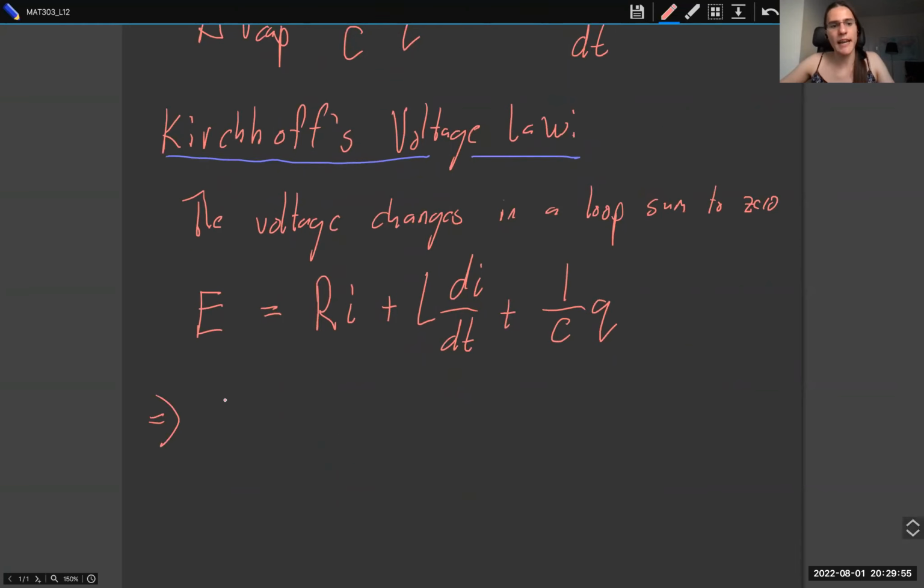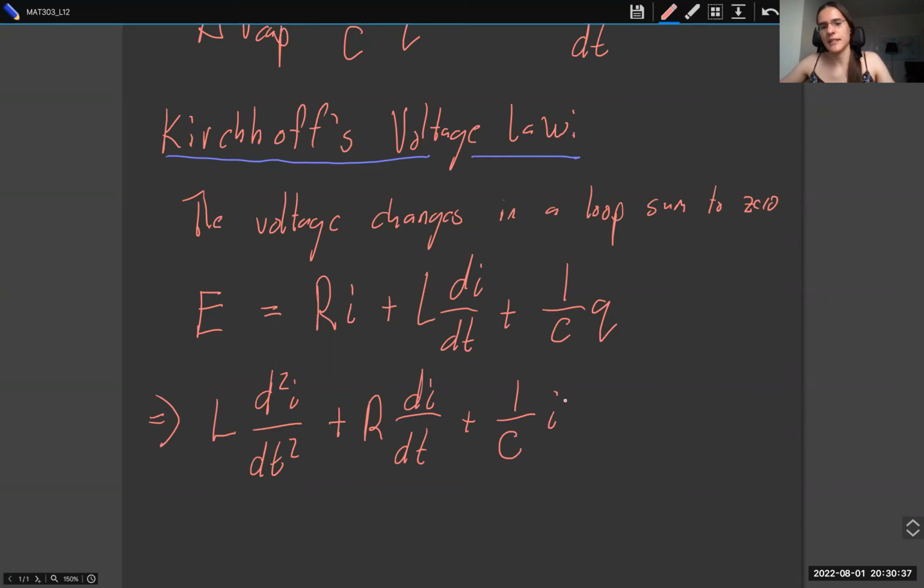Then dE/dt is equal to, rearranging in the usual differential equation form, L d squared I/dt squared plus R dI/dt plus 1 over C times I, equal to dE/dt.